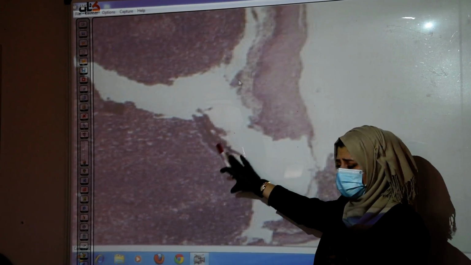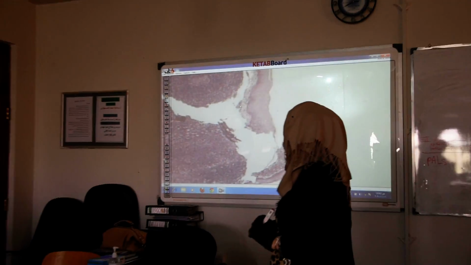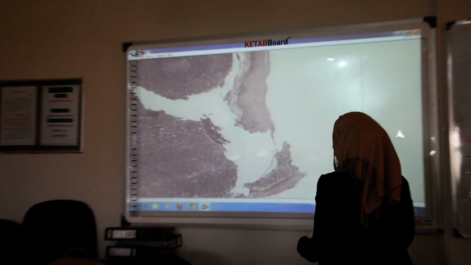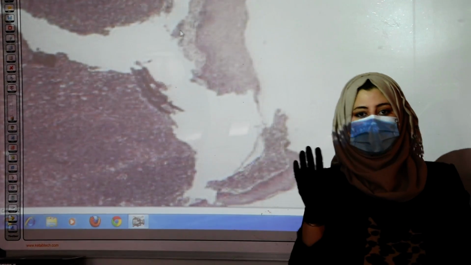These are the crypts, and the number of these crypts ranges between 10 to 12 crypts.